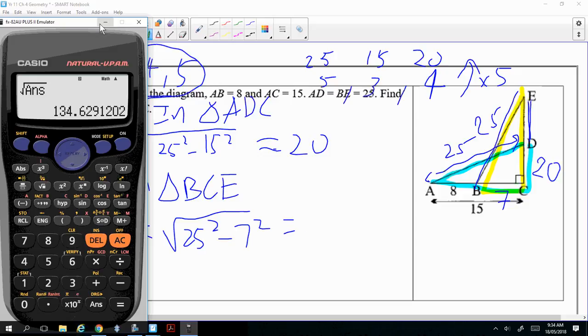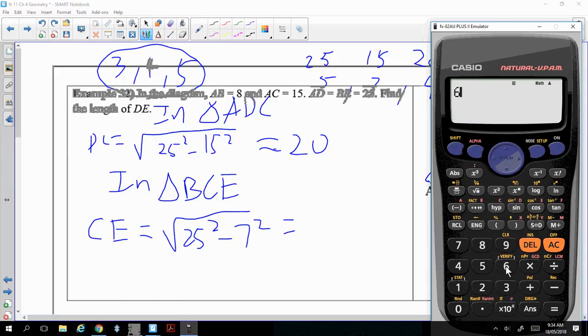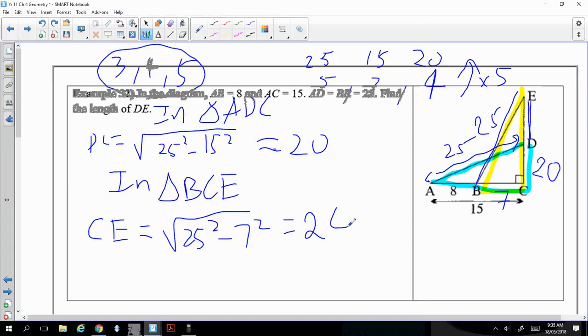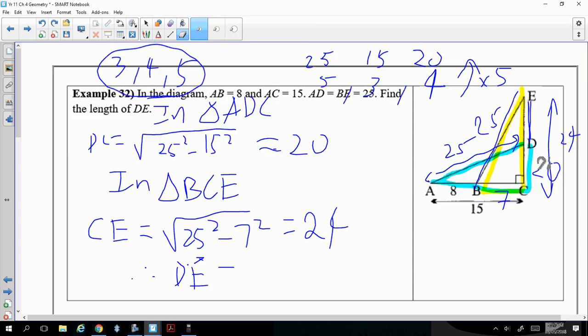The answer is 24. Once you've got these two lengths, one is 20, one is 24, therefore DE can be found. DE equals 24 minus 20, which is just 4 centimeters. They didn't say the unit, just say 4.